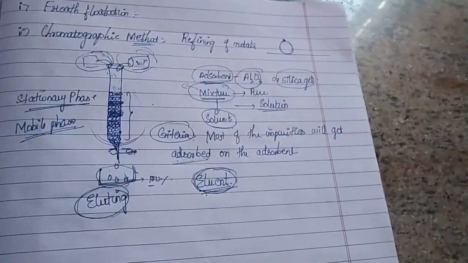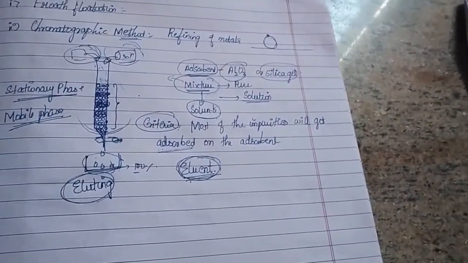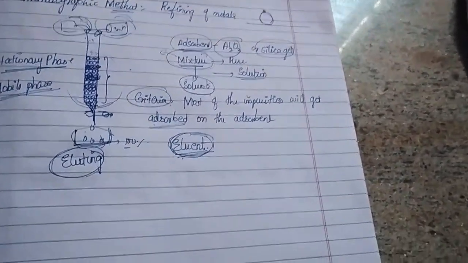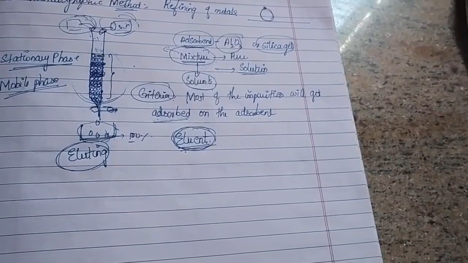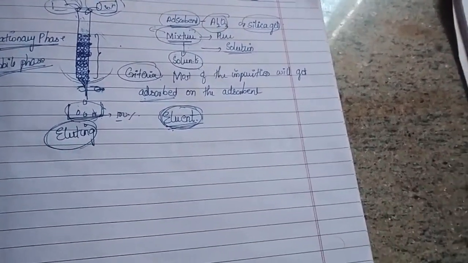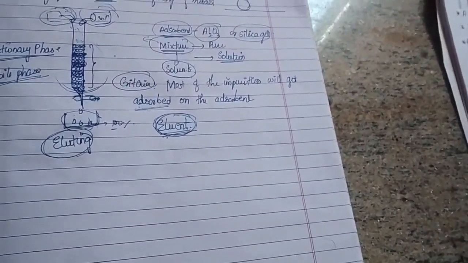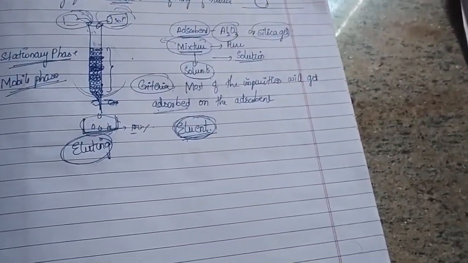So since the overall phenomenon is taking place on the surface, the catalyst is also making use of the process of your adsorption, one of the major applications which we will study in detail in our later videos. Is that clear?